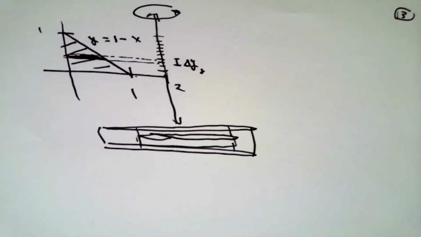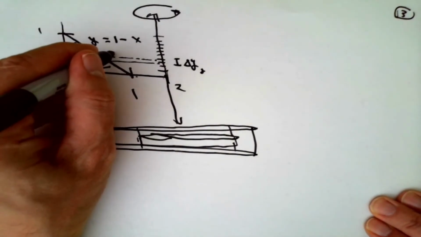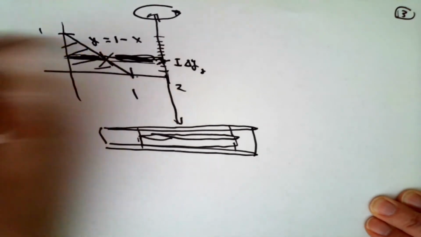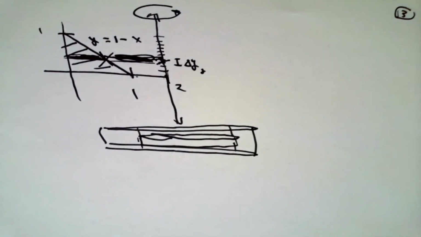Given a y number in subinterval number j, which I'll call c sub j again, the small radius is as close as I can get to the axis of rotation within the strip I'm looking at. That would be that distance. I'll use the x-axis like a ruler.